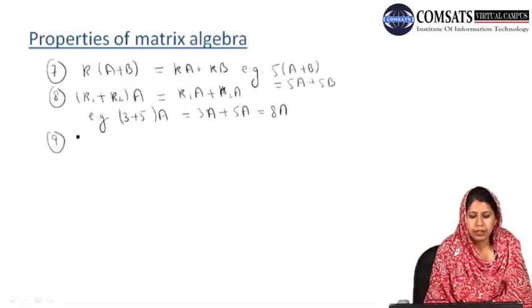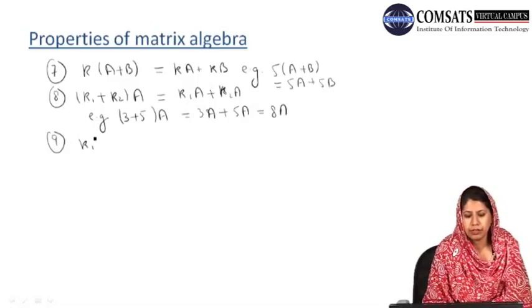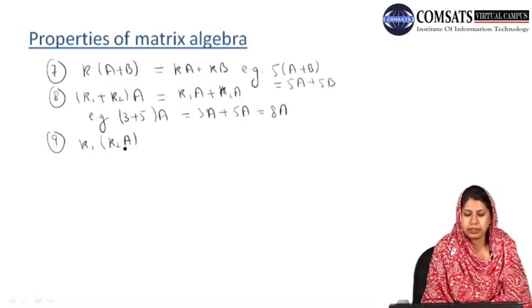Okay, now again, the ninth property says that if we have two scalars k1 and k2 and their scalar multiples, in the eighth property two scalars are added, in the ninth property two scalars are multiplied.